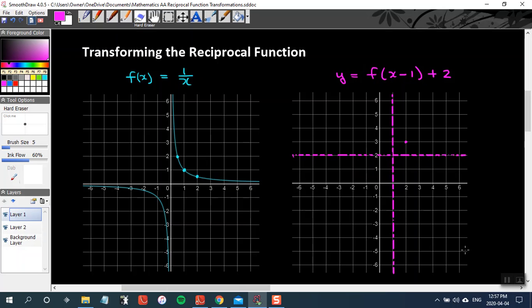Okay, so those are our asymptotes, and now as you can see, it's easier for me just to copy the configuration of those 3 points over on this graph paper now.